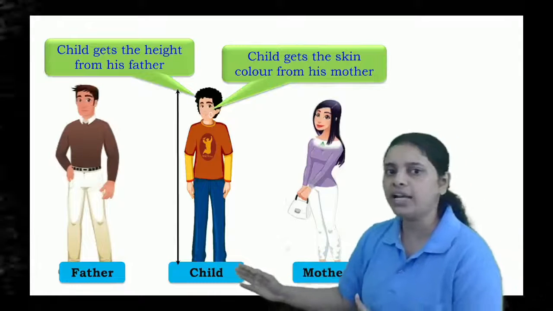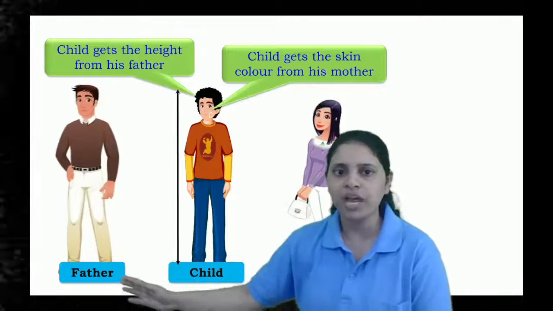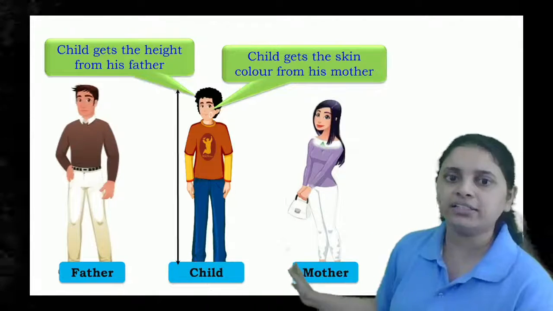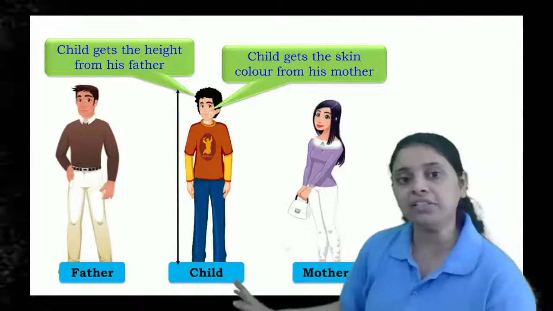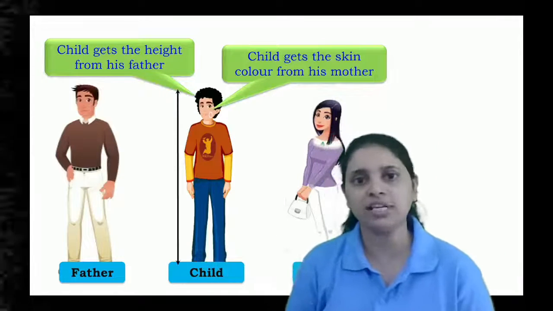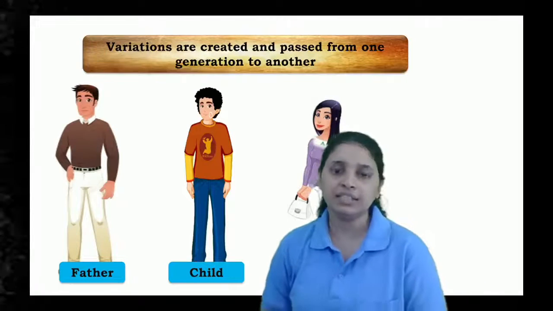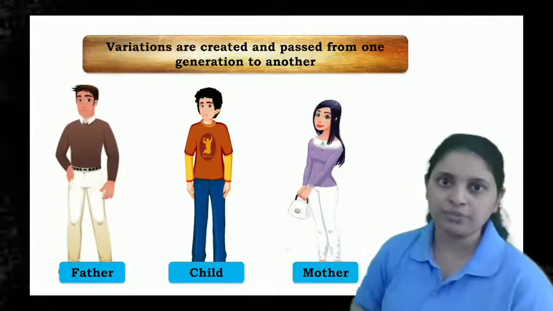It is not exactly identical to the father, and not even exactly identical to the mother. Some characteristics are from mother, some from father, some will be new characteristics, right? So these are only the variations. These small differences are called variations.